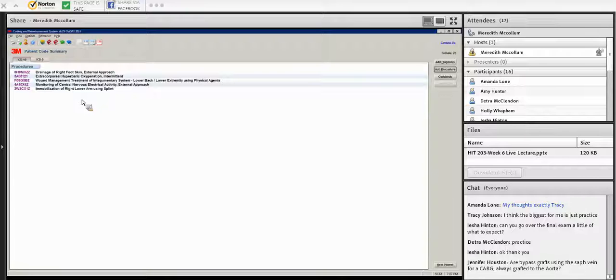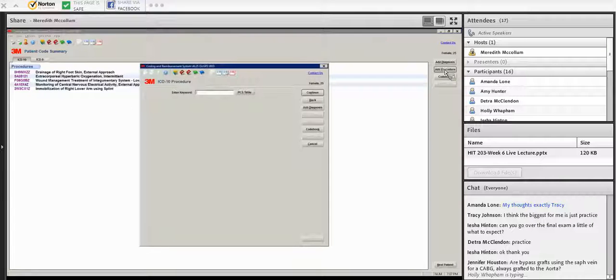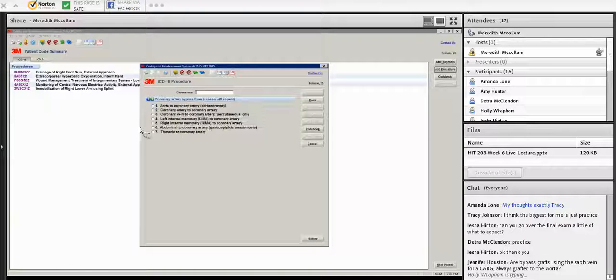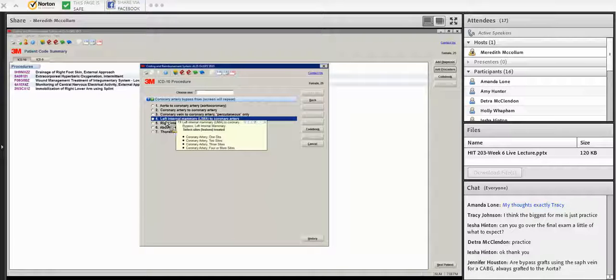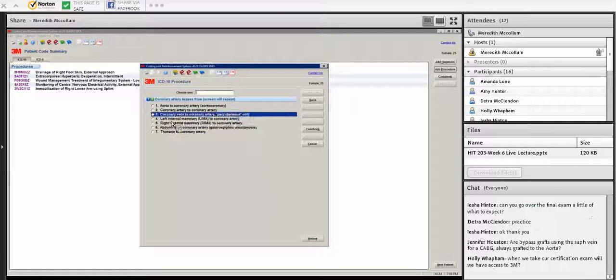Always grafted to the aorta. That's a good question, Jennifer. Let's see. Using the subvenous vein. No, it can go, let's see.